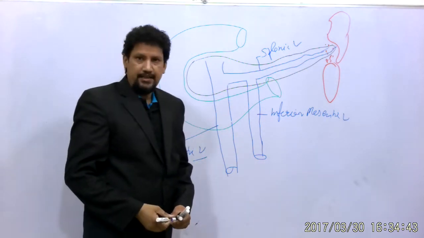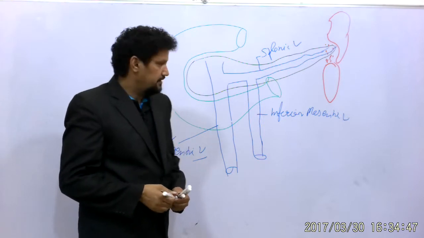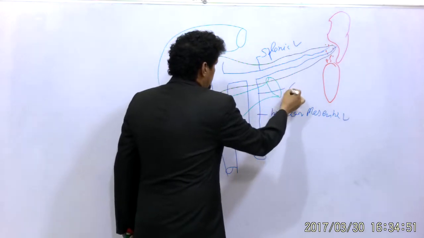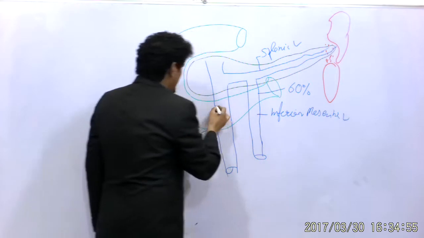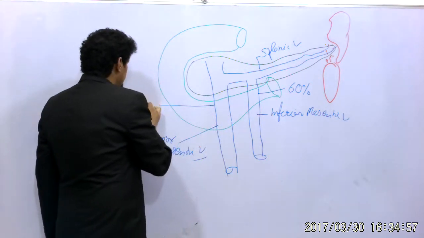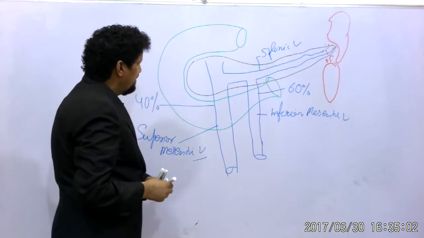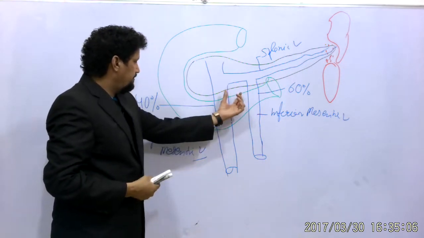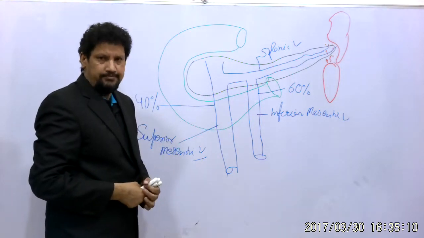In remaining 2/3 cases, in 60% cases, it is draining in the splenic vein and in 40% cases, it is draining in the superior mesenteric vein. So, the formative tributaries of the portal vein are highly variable.